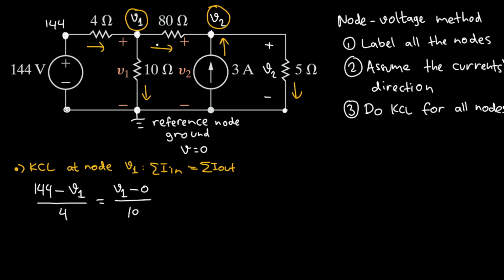Good. And now we move to this current here. So we will have plus, again, the current comes from V1 here. And then the current goes to V2. So I will have minus V2. And then, because this is voltage and we need current, we divide by the resistance between them, which is 80.